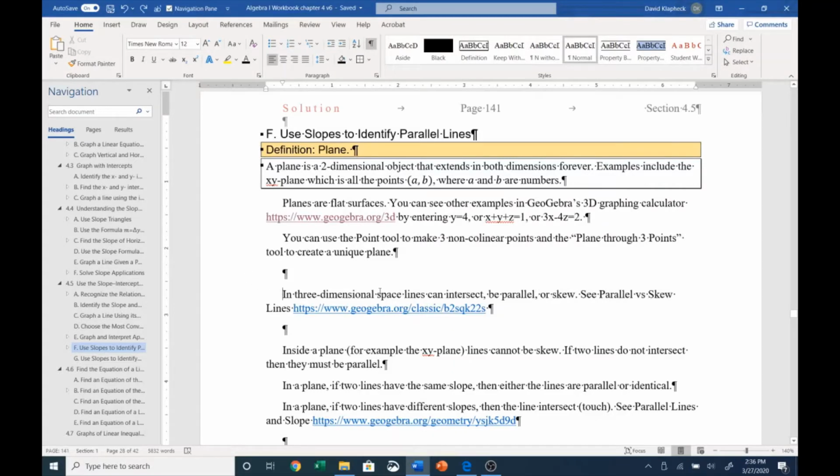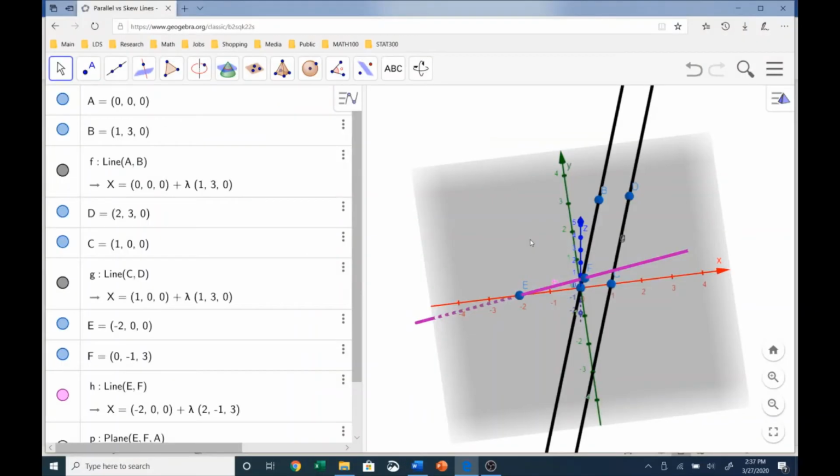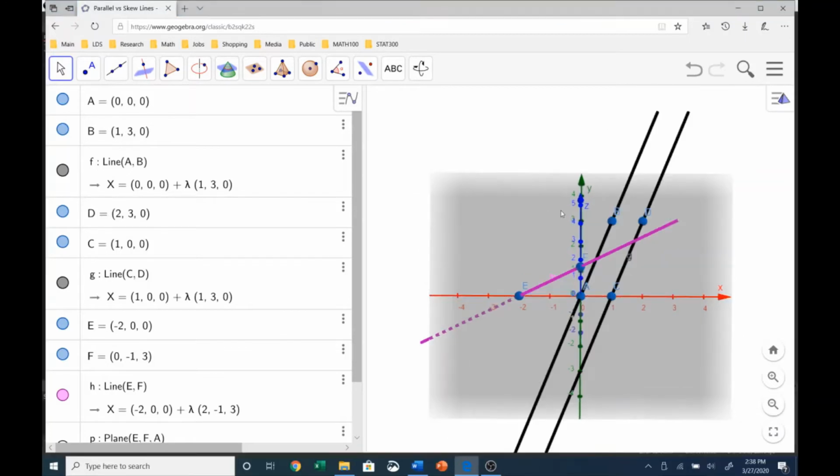Now in three-dimensional space, lines can either intersect, be parallel, or skew. On GeoGebra, you can search parallel versus skew lines, or on the PDF, follow this hyperlink to the activity.